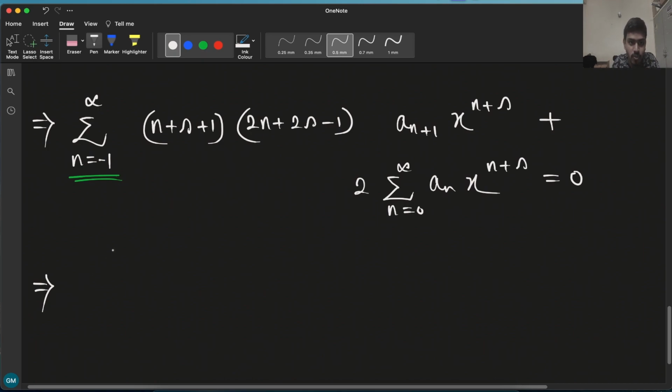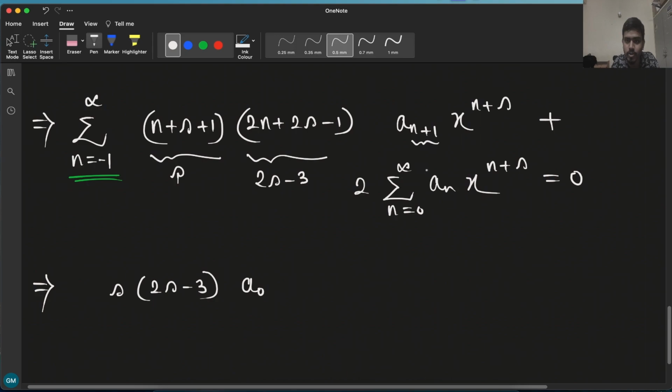If I put n equals -1, it will be s times (2s minus 3) times a_0, because I am putting n equals -1, it is a_0, and x to the power s minus 1. And then all other terms will be in the summation from n equals 0 to infinity.